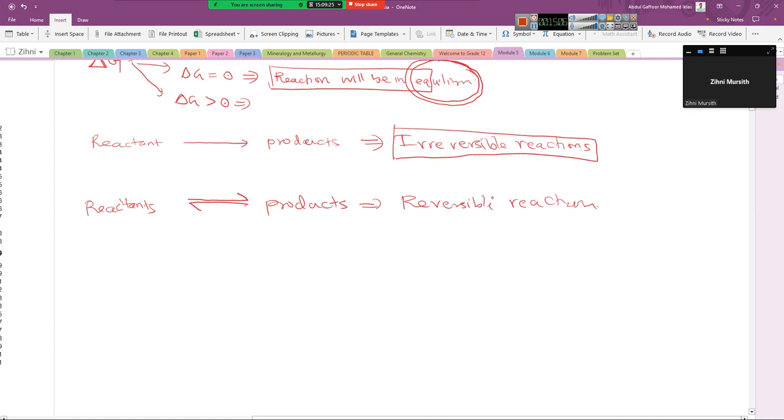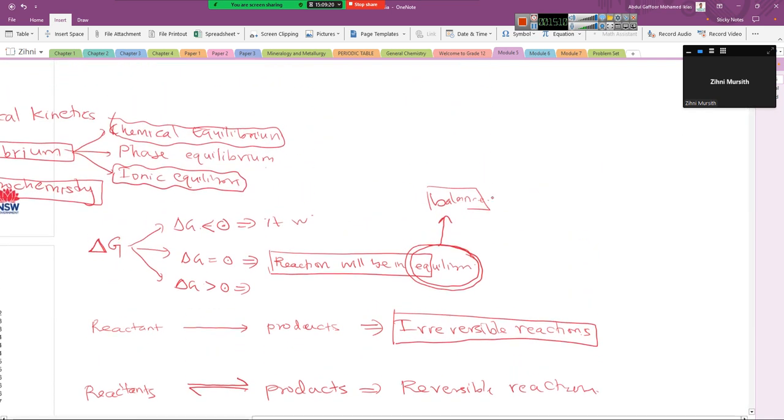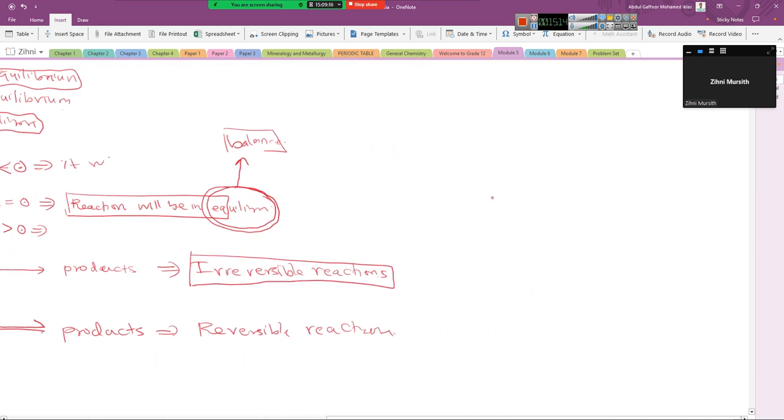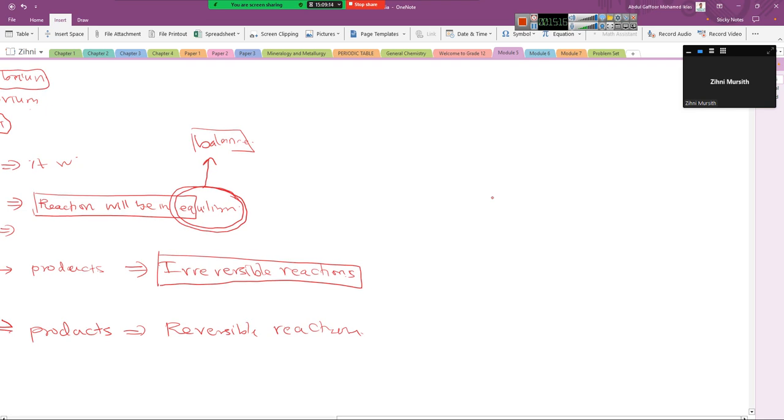So there we have an equation, but this equation is not included in this chapter. But anyhow, I am introducing it to you, right? So here we will be talking about something called rate of reaction, right? So what is rate of reaction?